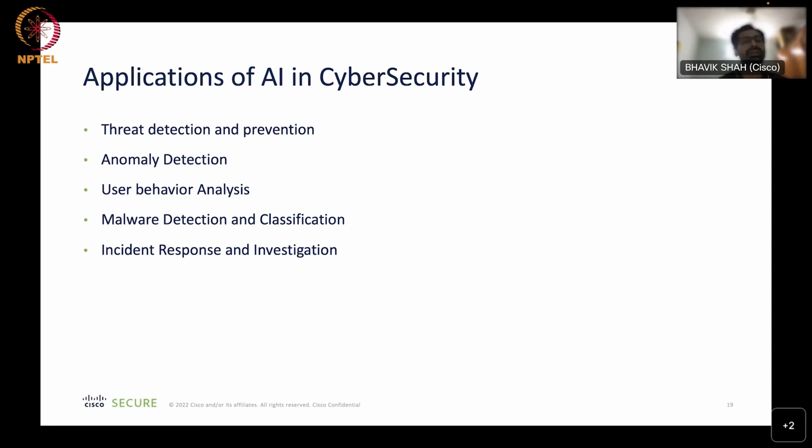The second is anomaly detection. Say, for example, there is a user who logs in daily to your organization or college network, and let's say there's an application where you can download your academics, just for example.